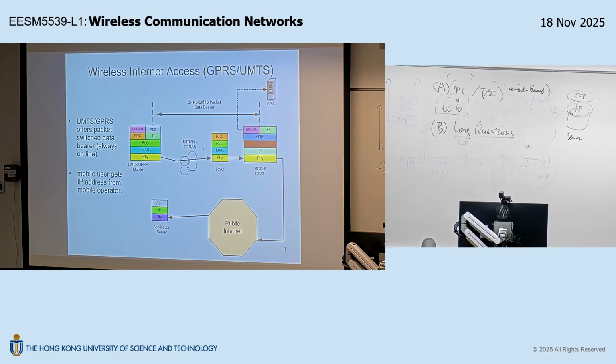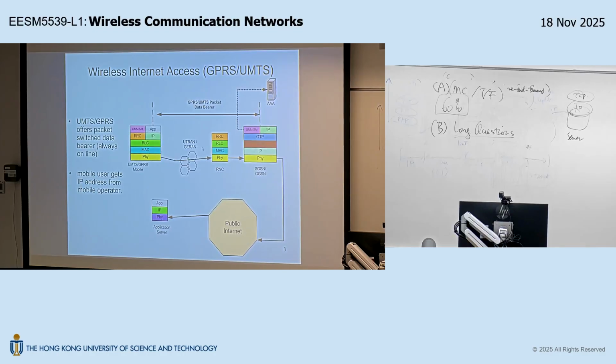Now, in order to explain why it seems there are two layers doing the same retransmission, but they still must coexist, it's not a duplication of function. We need to explore.